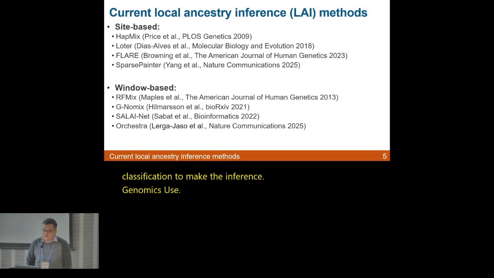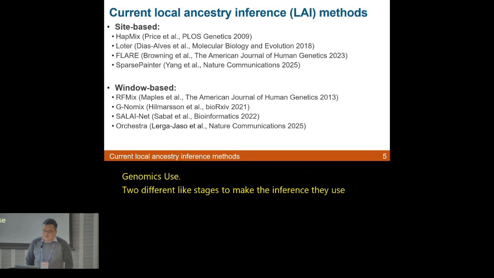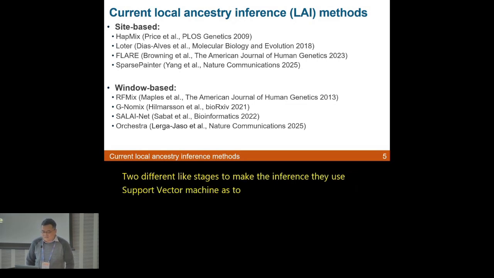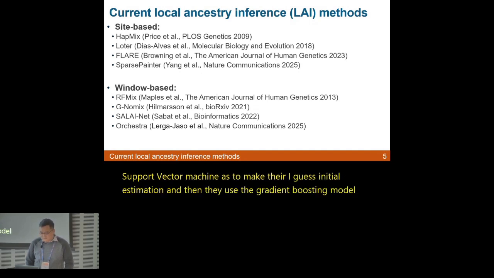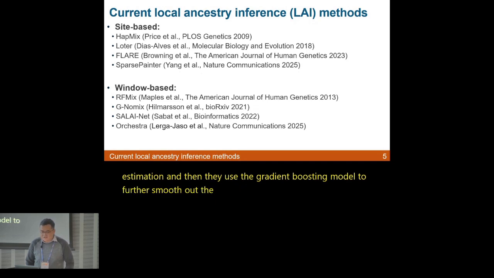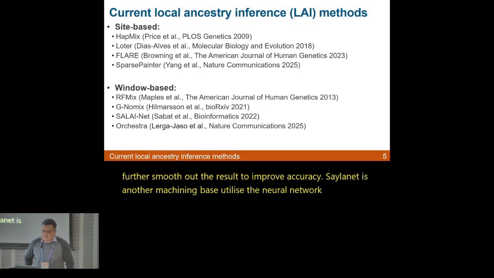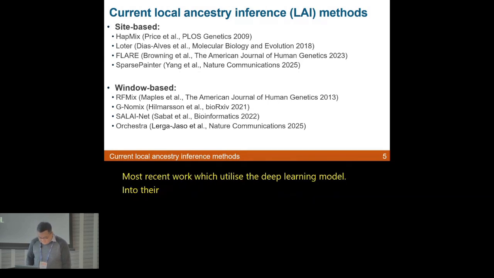They use a support vector machine to make an initial estimation, and then use a gradient boosting model to further smooth out the result to improve accuracy. LAI-Net is another machine learning-based method which utilizes a neural network, and Orchestra is the most recent work, which utilizes a deep learning model in its ancestry inference method.